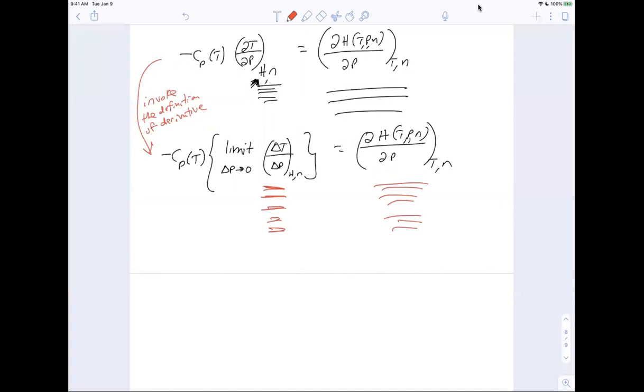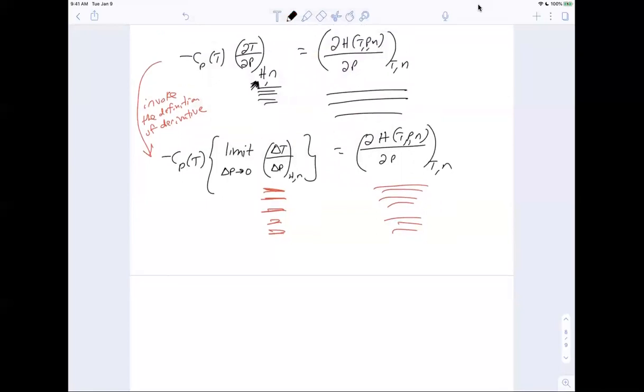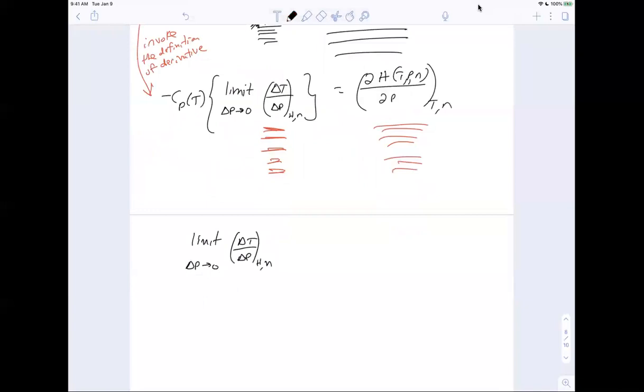This guy has a very special name, actually. This limit as delta P goes to 0 of delta T over delta P at constant H and N is a mouthful, but each one of those things is important. You can't neglect anything in that bunch of words because they all translate to the language of math.